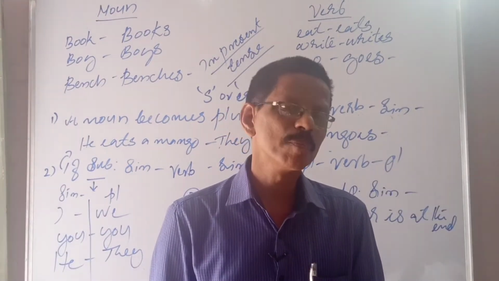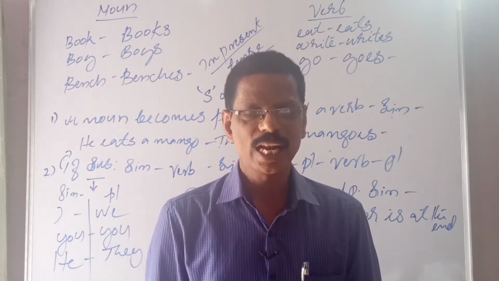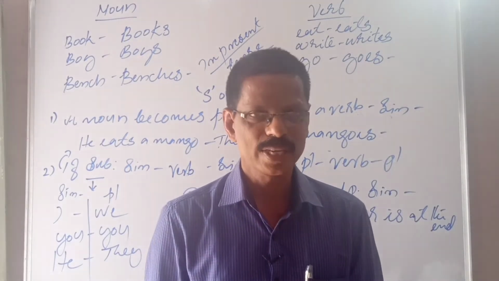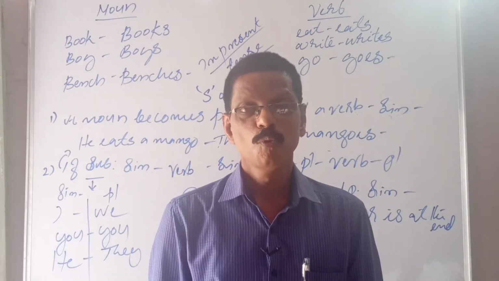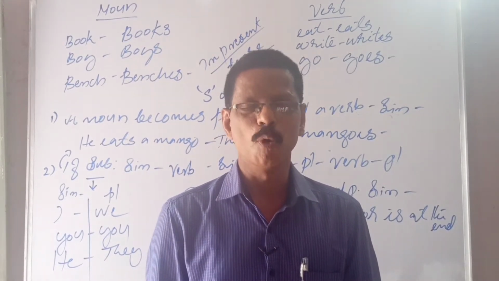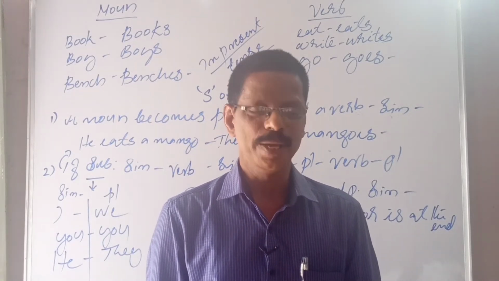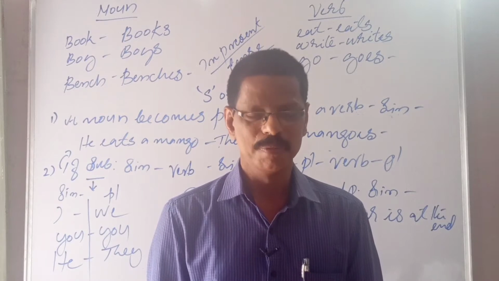So every verb will actually have 5 forms. Generally we say 3, V1, V2, V3, that is present, past, past participle. With that we have to add 2 more: present participle, which means verb plus ing, then infinitive, to plus verb.